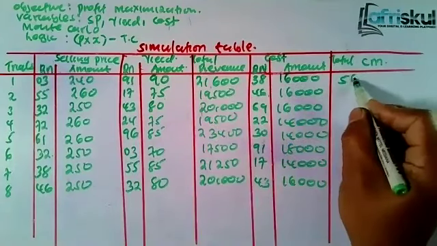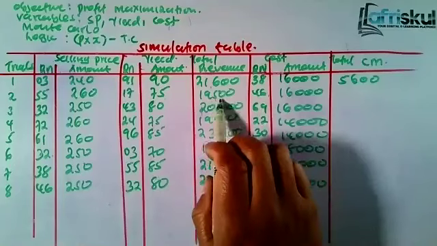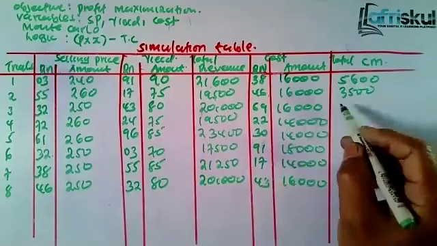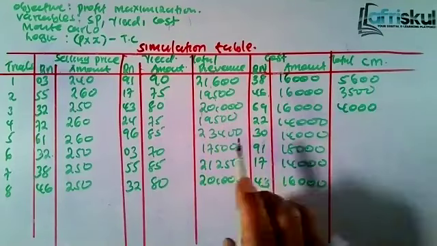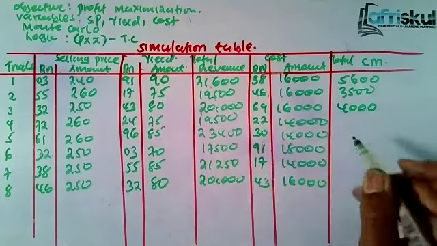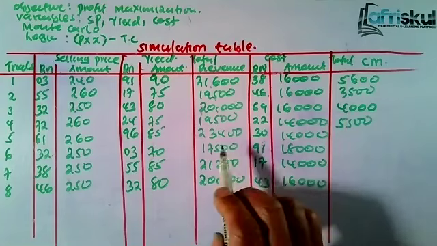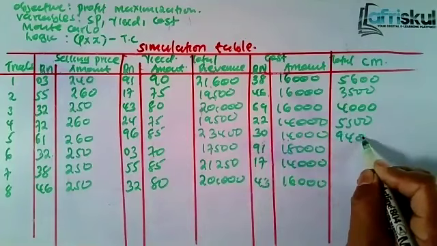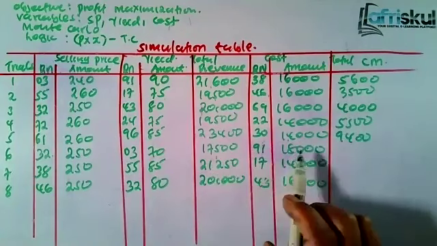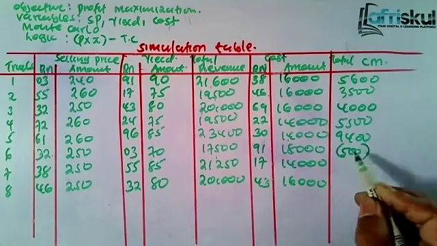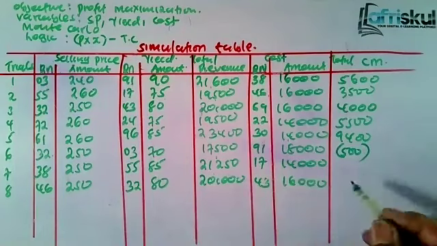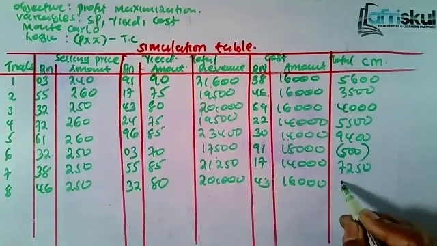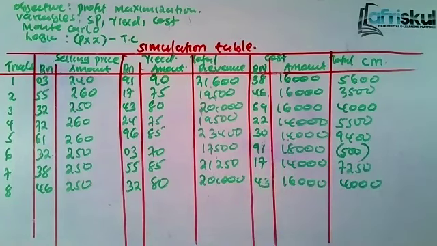So you'll get 5,600. 19,500 utoe hiyo inabakia 3,500. 20,000 minus 16, you get 4,000. 19,500 minus 14, hiyo ni 5,500. 23 utoe 14 ni 9, plus 400, hiyo inakuja 9,400. 17,500 utoe hiyo ni loss of 500. 21 minus 14, hiyo ni 7,250. 20 utoe 16, automatically inabakia 4,000.